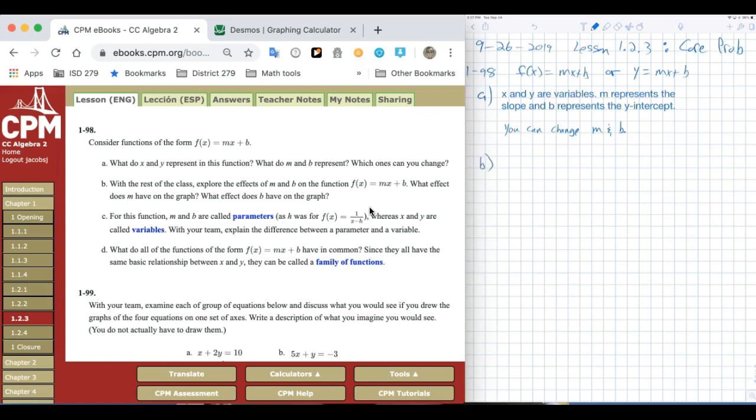Well, m controls the slope. We could say the larger m is, the steeper the line gets.